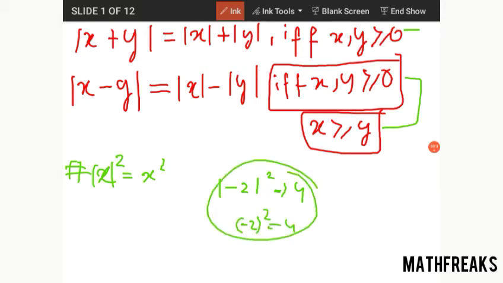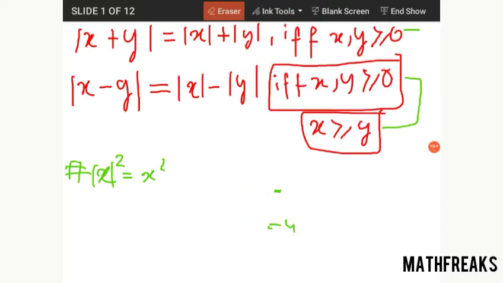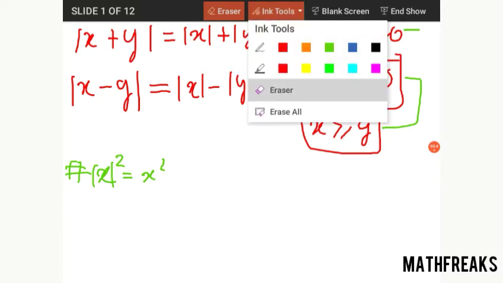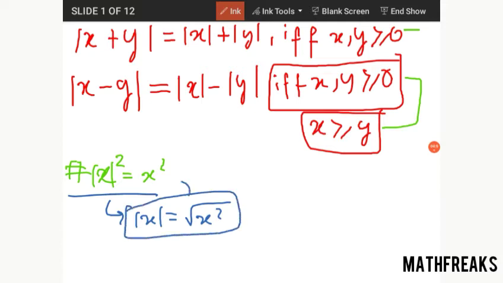So you can take any number and this is always true for any value of x. There is no condition. And another rule that comes from here is mod of x is equal to root of x square. This is another rule that comes from this part only. I hope that these three rules are clear to all of you.